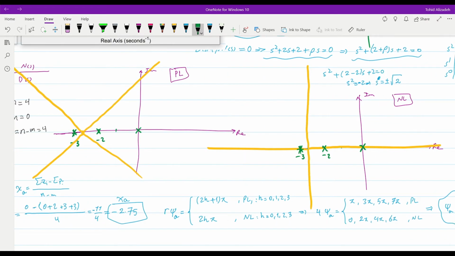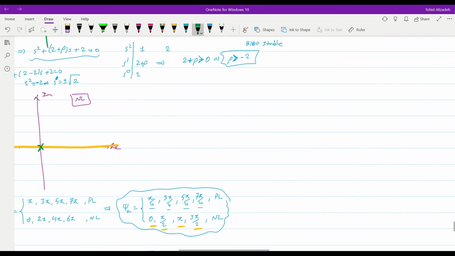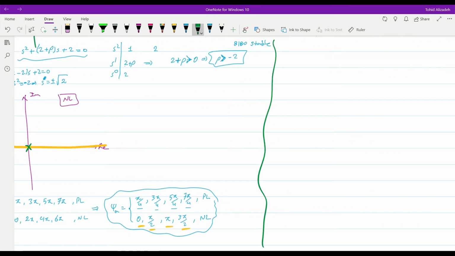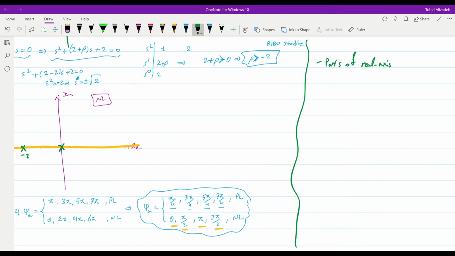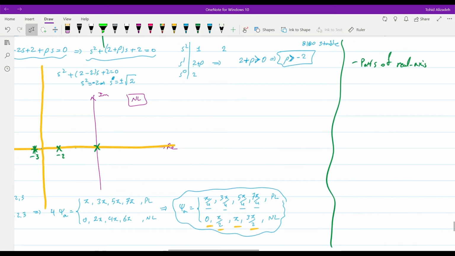We can now focus on the parts of the real axis that belong to the Root-Locus. Looking at the location of the poles, we can divide the real axis into segments: from minus infinity till minus 3, from minus 3 till minus 2, from minus 2 till the origin, and from the origin till plus infinity.